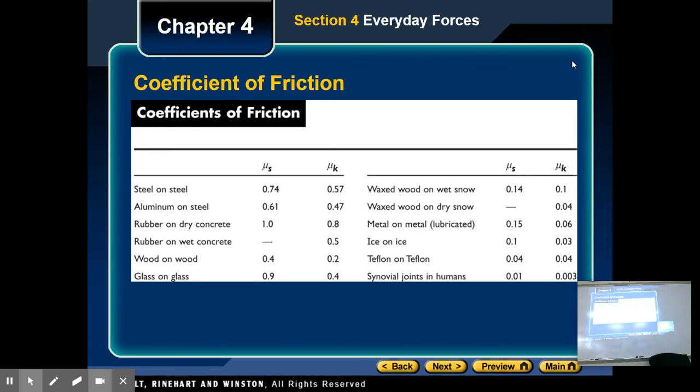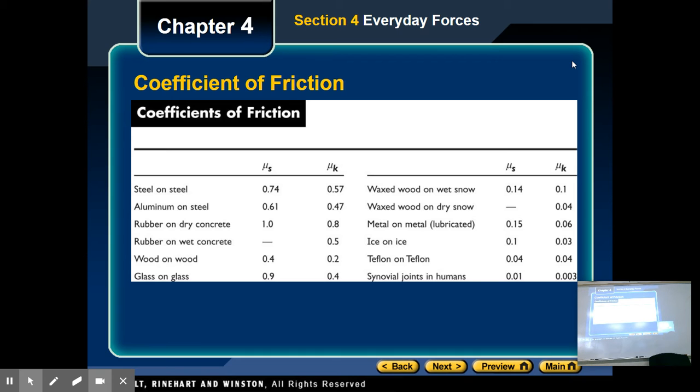So just taking a look here at some examples of coefficients of friction. For instance, steel on steel. If we had two steel objects resting on each other, it has a coefficient of static friction of 0.74 and a coefficient of kinetic friction of 0.57.